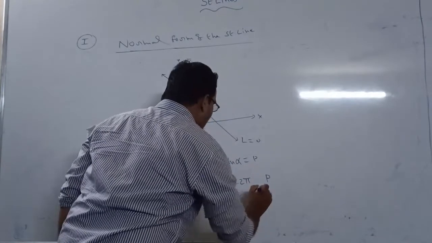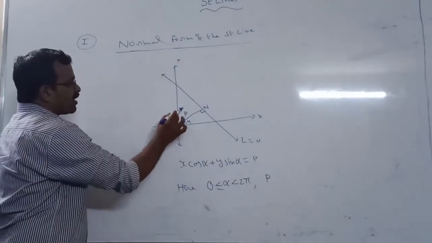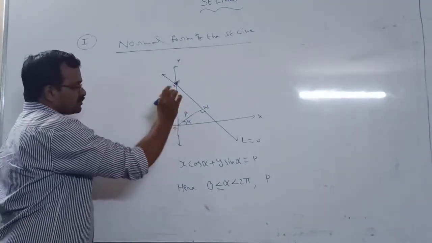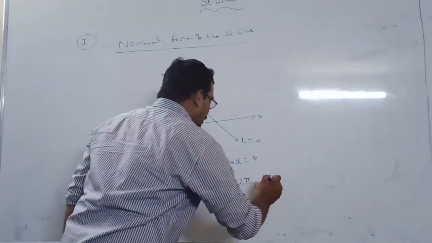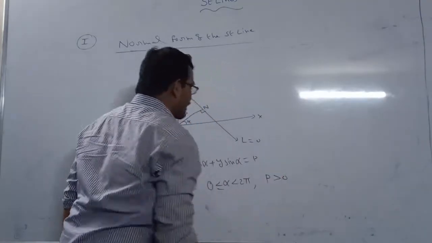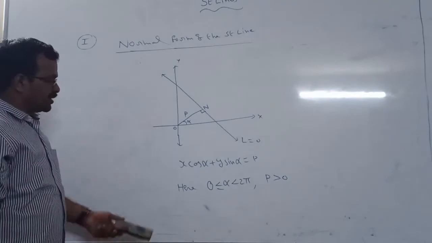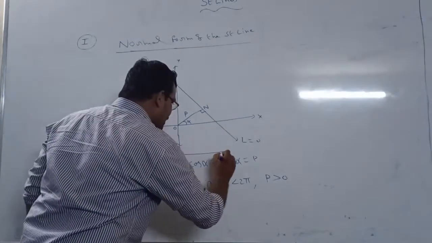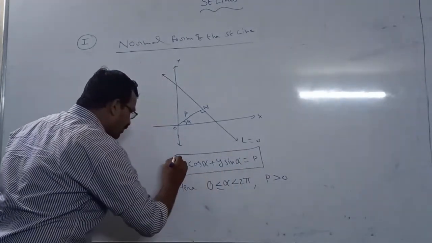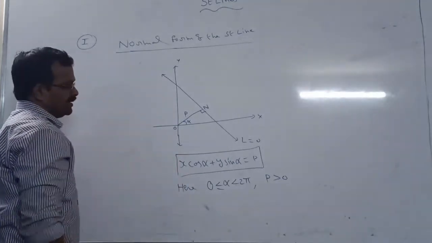Obviously p is the length of the perpendicular from the origin to the line, so p should always be greater than 0. This standard equation is called the normal form of the straight line.